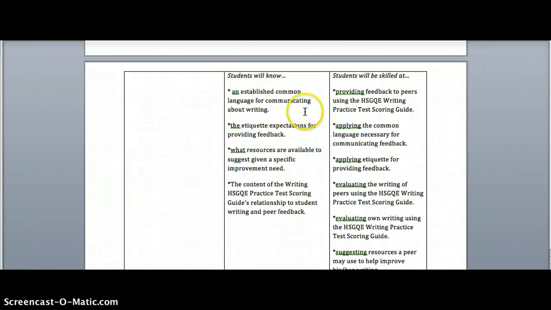So what students will know and what students will be able to do, they're going to have a common language, they're going to know etiquette, and they're going to know what resources are available. They'll also know the content of the HSGQE practice test scoring guide. Notice that they'll be capable of providing feedback to peers.